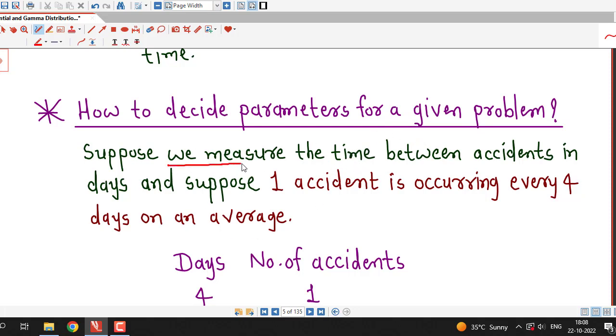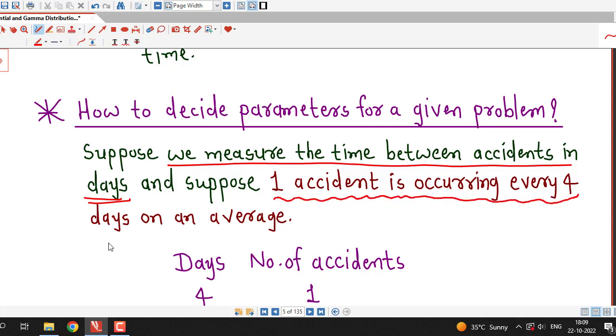Suppose we are interested in measuring the time between accidents in days. So we are interested in modeling the time between accidents in days. Therefore we can use gamma distribution, and it is given that suppose one accident is occurring every 4 days on an average.